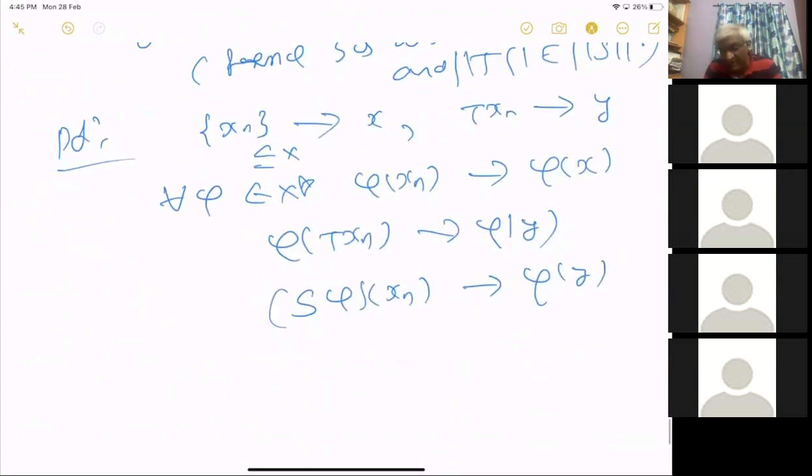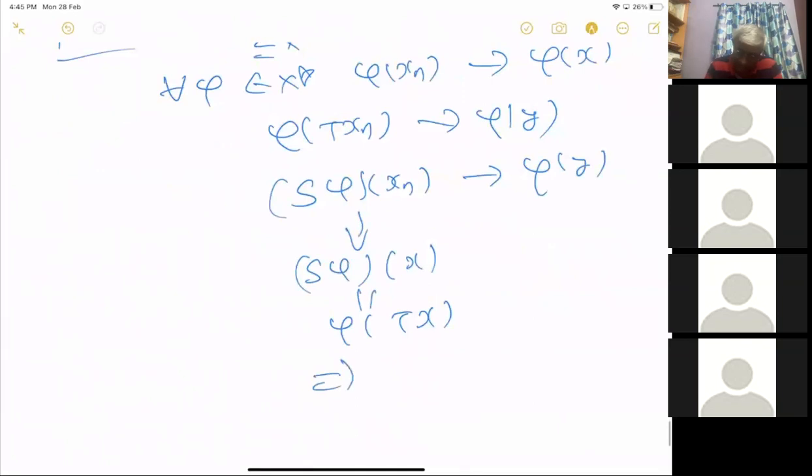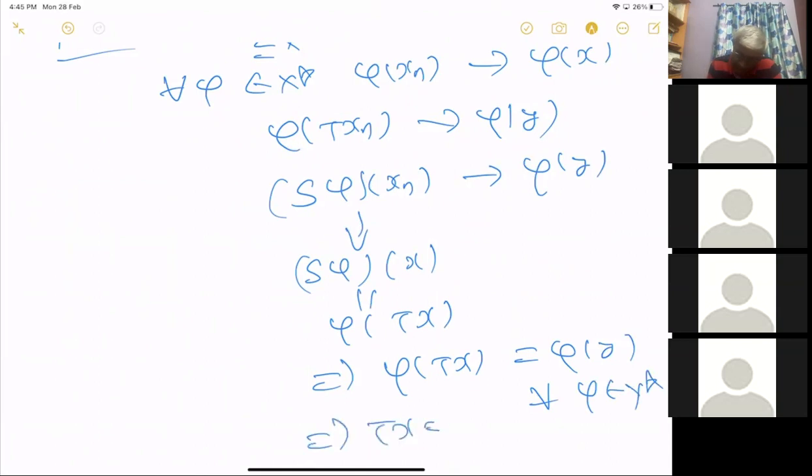But then S of phi is a linear functional, so this should converge to S of phi at x. But then that is equal to phi of Tx. So this implies phi of Tx equals phi of y for all phi in Y star. This implies Tx equals y.